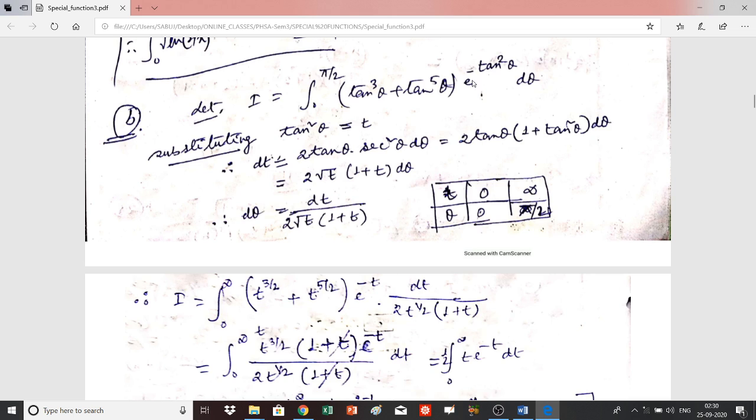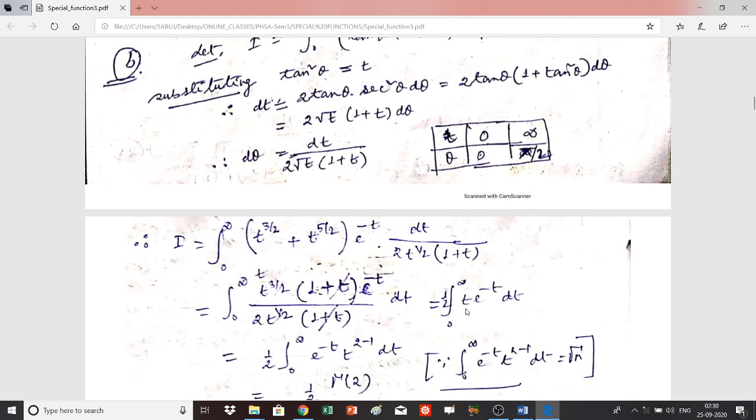Then this will give e to the minus t, and this value dt by 2 t to the half (1 plus t). Then from 0 to infinity, you take t to the 3 by 2 as the common term from these two terms, so t to the 3 by 2 and 1 plus t, and the remaining part here is e to the minus t.